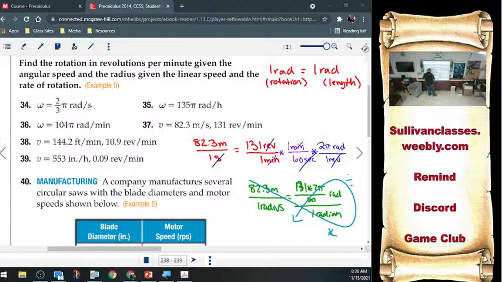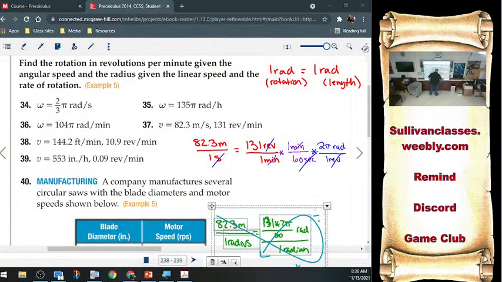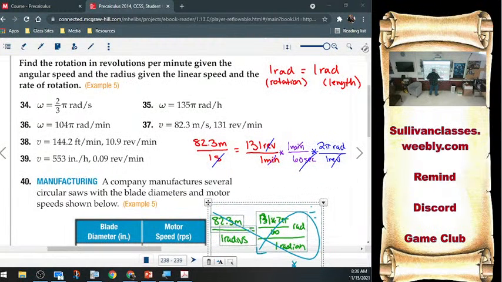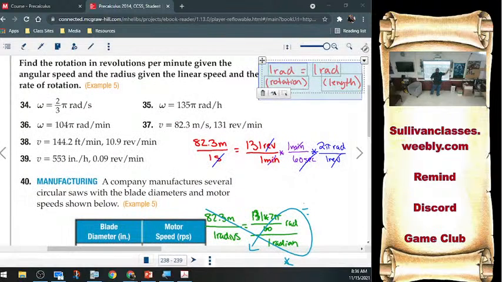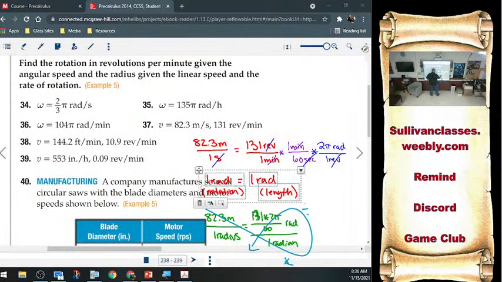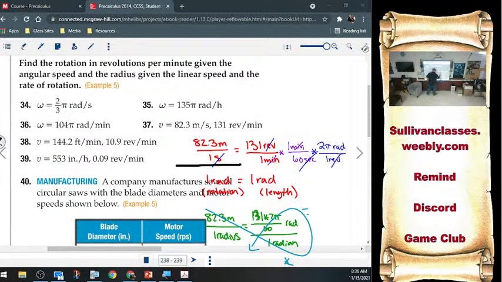What I effectively have is a big honkin' proportion. I got those ones on the bottom backwards.